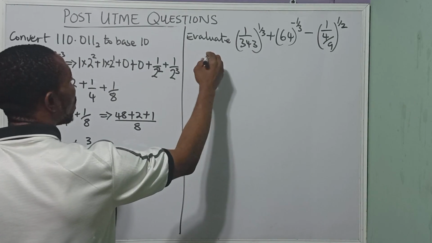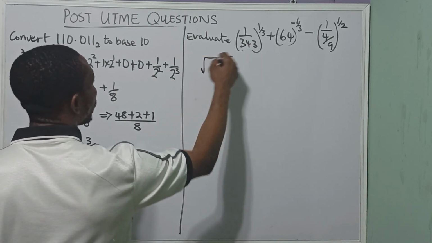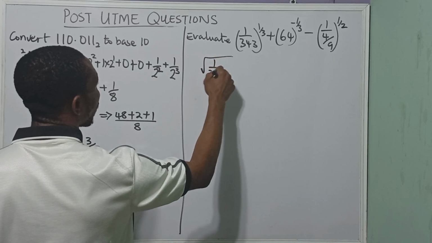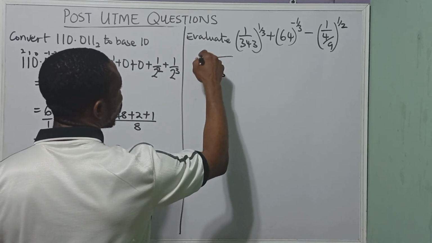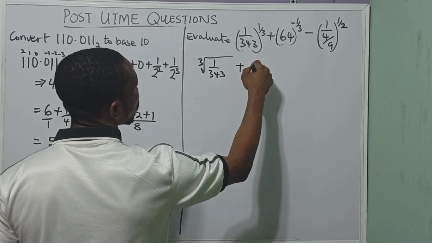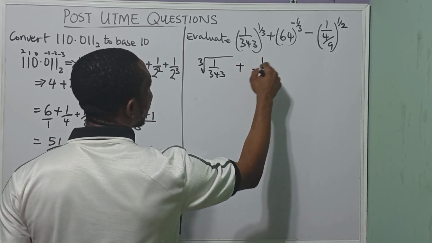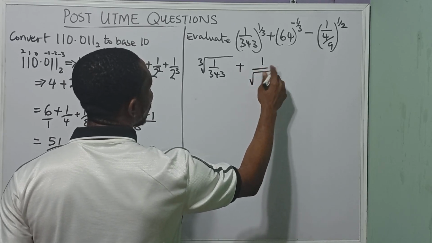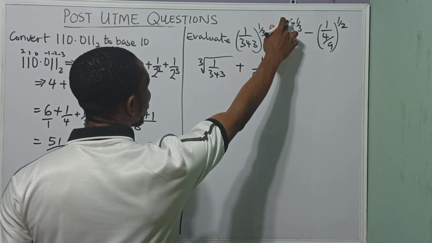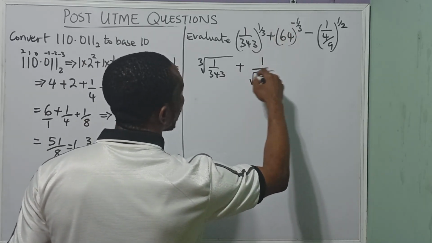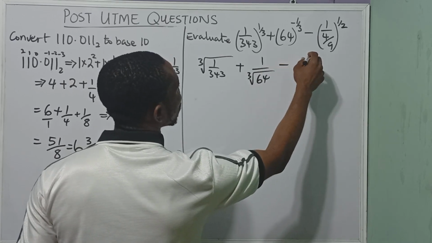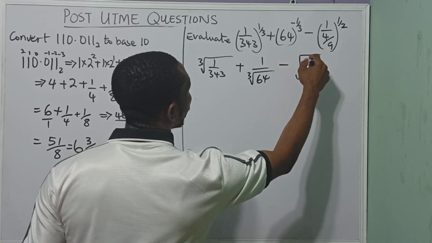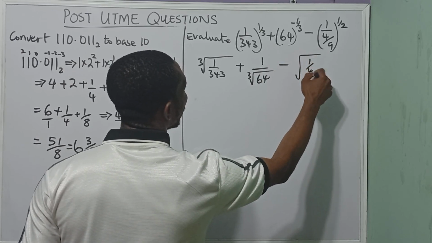Okay, so in evaluating this, this is the cube root of 1 over 343 plus 1 over cube root of 64 because of the negative, minus square root of 1 over 4 over 9.